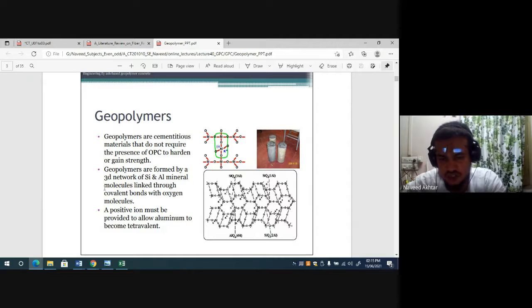But in geopolymer concrete, in place of cement, we are using cementitious materials such as fly ash, rice husk ash, or silica fume, etc. Also the slag. Geopolymer concrete is produced with the use of alkali, and its hardening is due to the polymerization reaction.